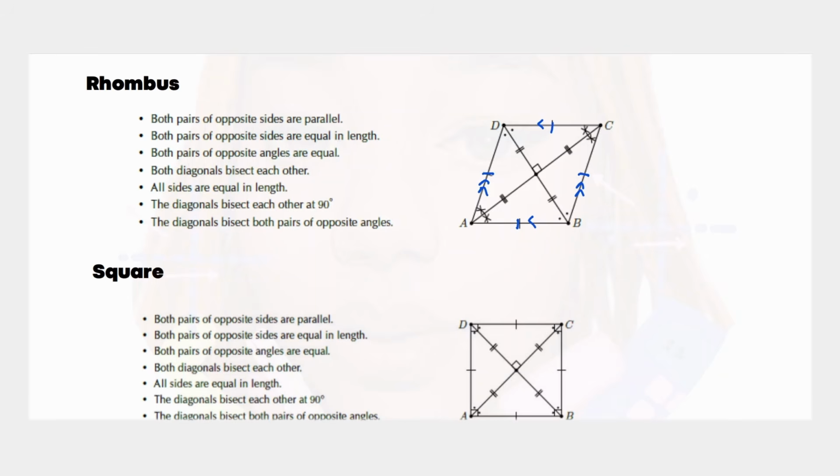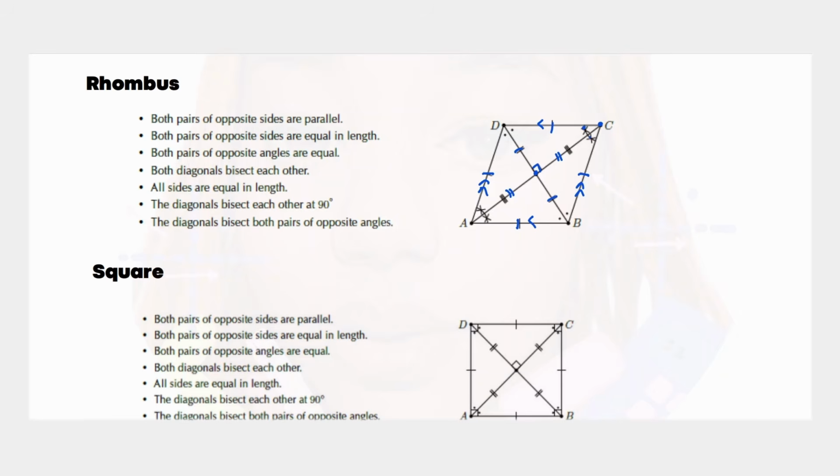We see that where the diagonals intersect, it creates 90 degrees. And again, the opposite sides are equal to each other. So this one is equal to this one. We also see that this diagonal cuts the angle at the corner.